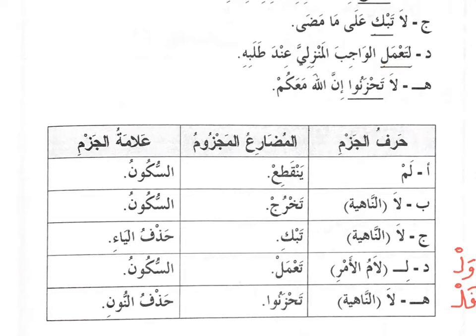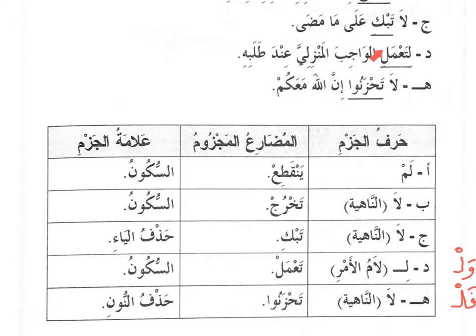But now, since we add li or lamul amr before the fi'l, it is now in the state of majzoom. And again, when a fi'l mudari' is majzoom, the alama is a sukun. So we read li ta'mal. For this word, actually we have a sukun, li ta'mal.